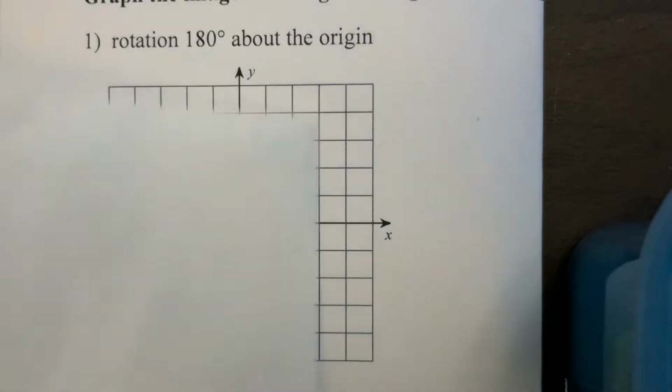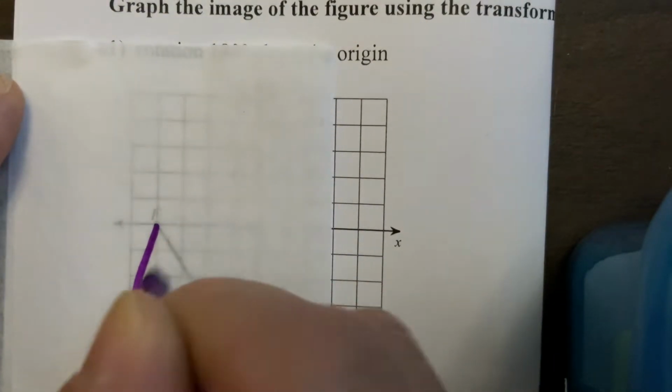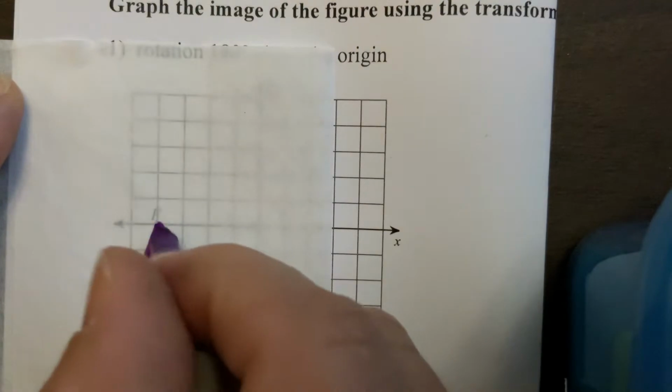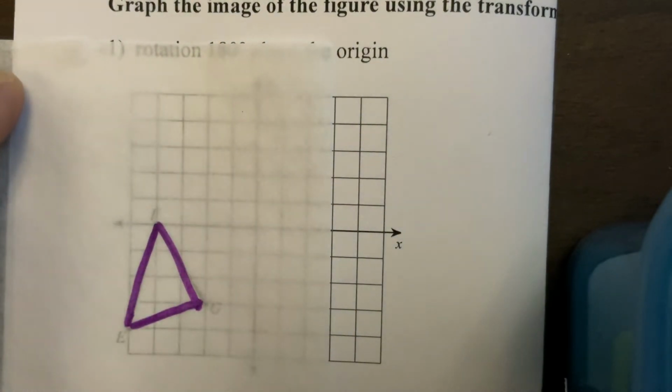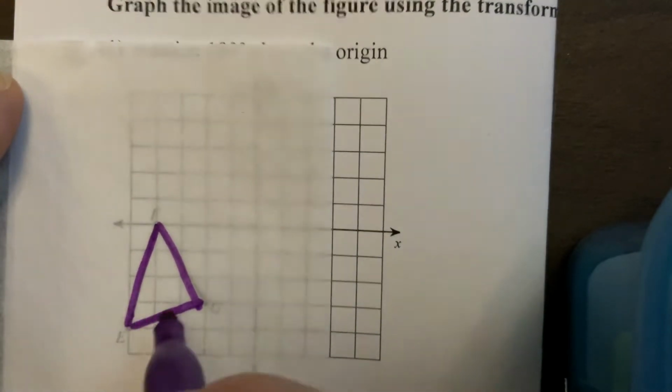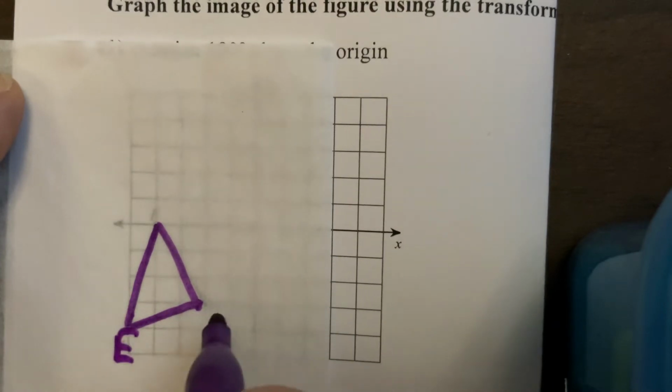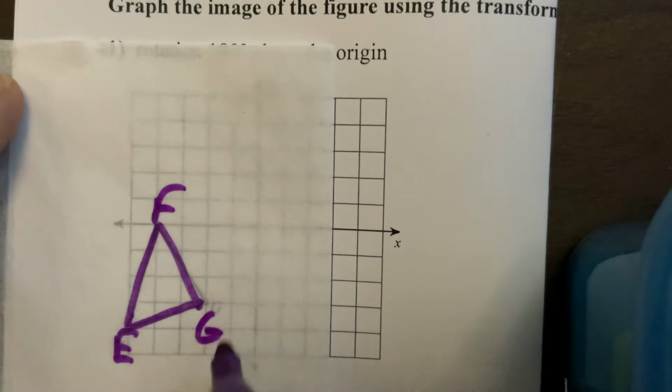So everybody start off, please, by putting your paper over problem number 1 and make yourself a copy of that triangle. I strongly suggest that you use the rulers as a straight edge, because the straighter your lines are, the easier this is going to be for you today.